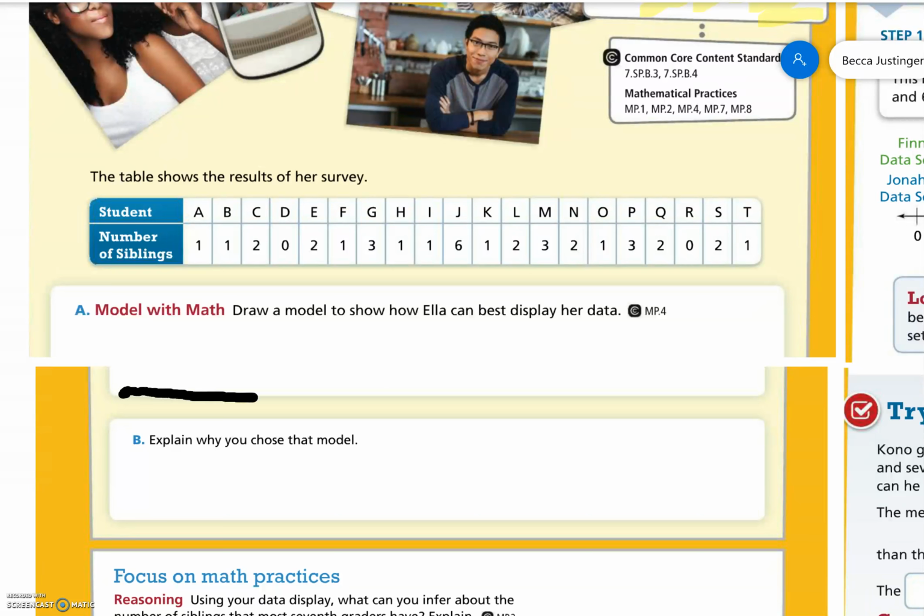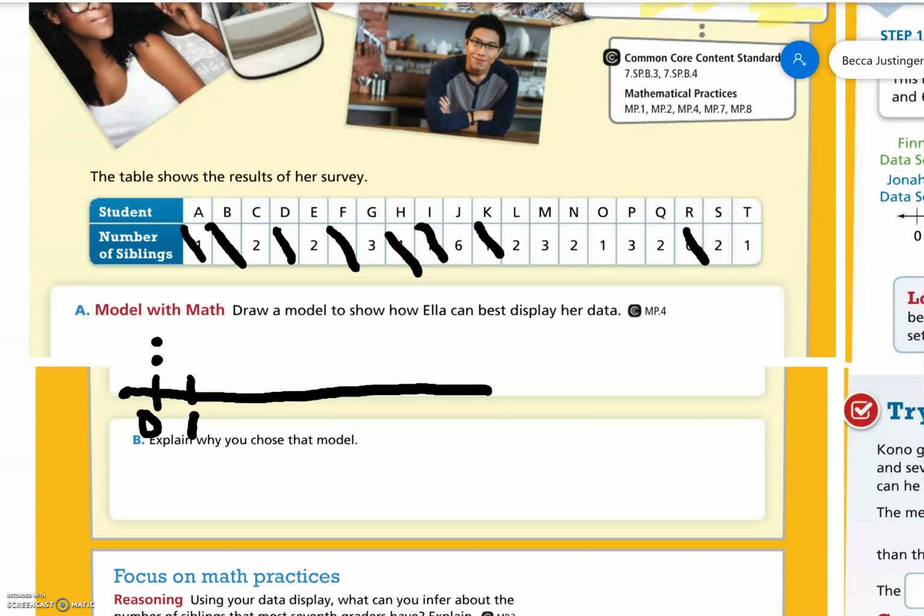Okay, so maybe we got a dot plot. If they had 0 siblings, there's 2 people, so that's 2 dots. 1 sibling is 8 dots.